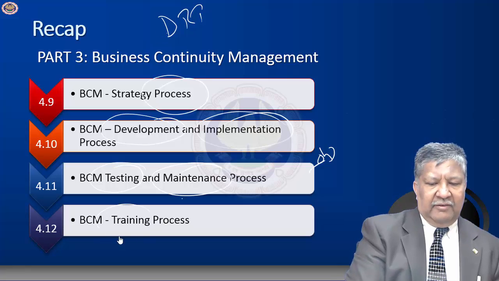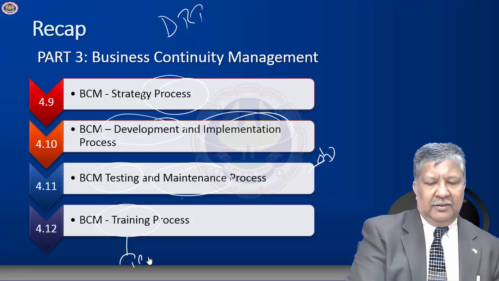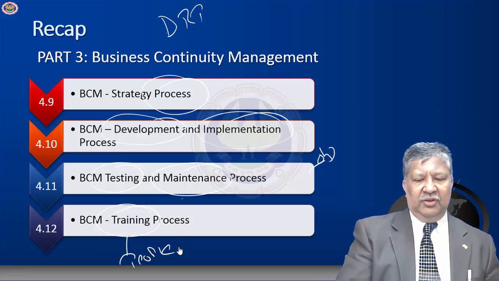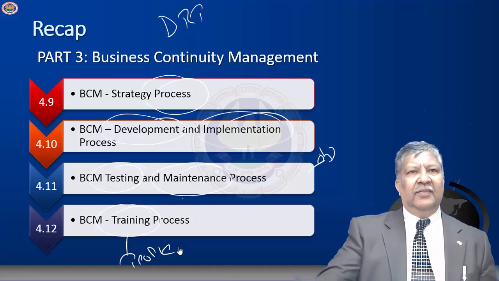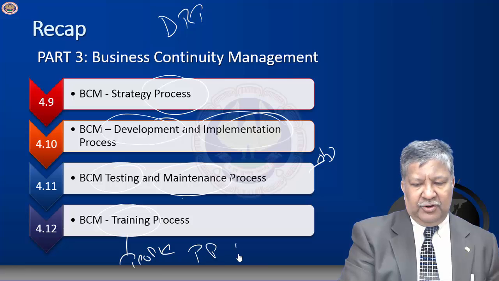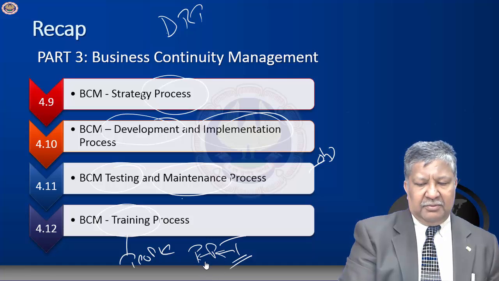And you need to have a training process because fundamentally it's all about the people. Now, if you remember, we talked about people, process, and technology, which is important to ensure that the BCM works as envisaged. Primarily you can use technology for the purpose of running the processes, and these are operated by people.